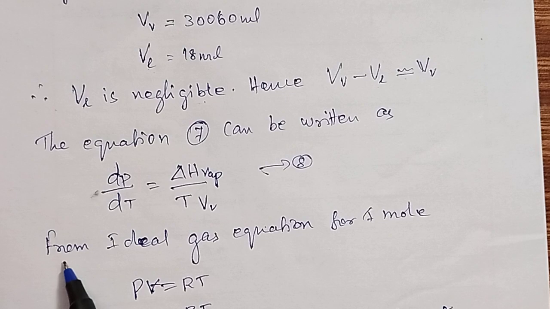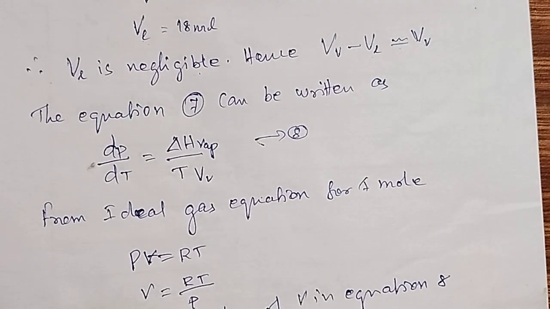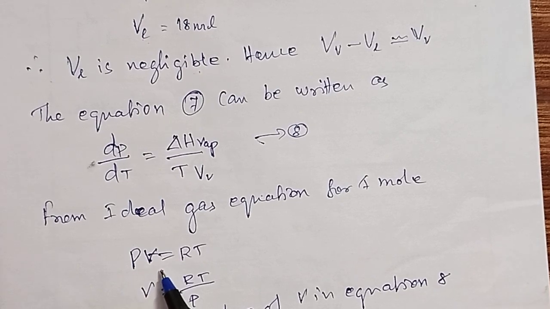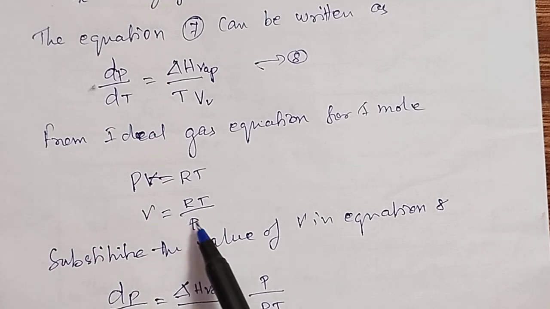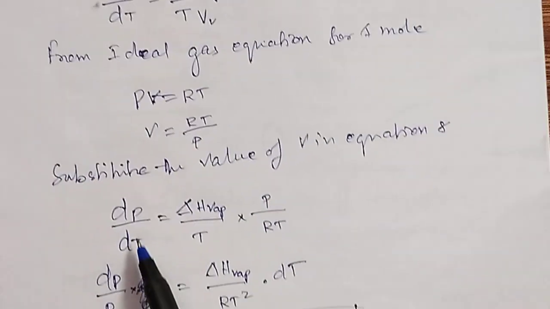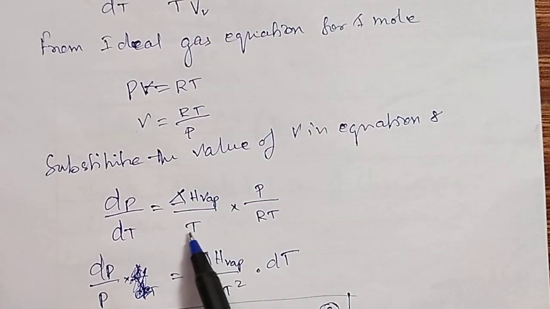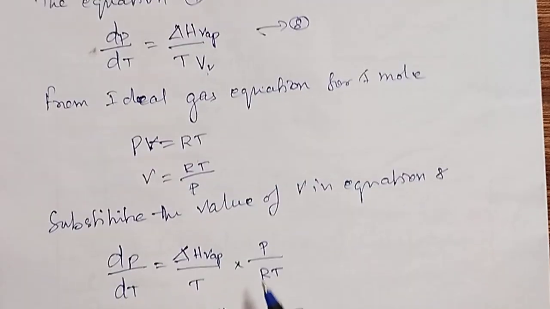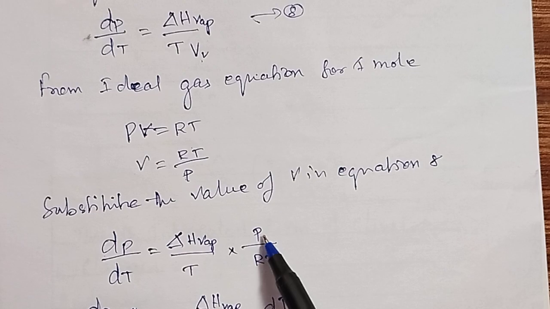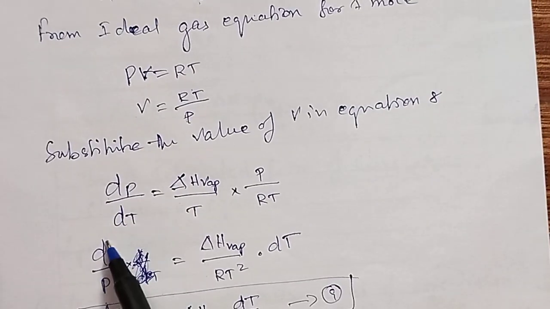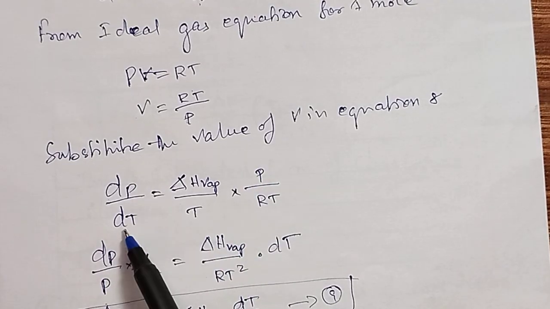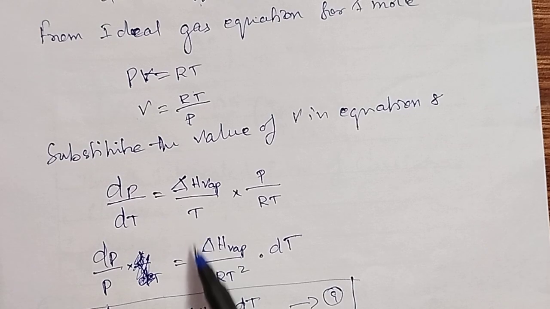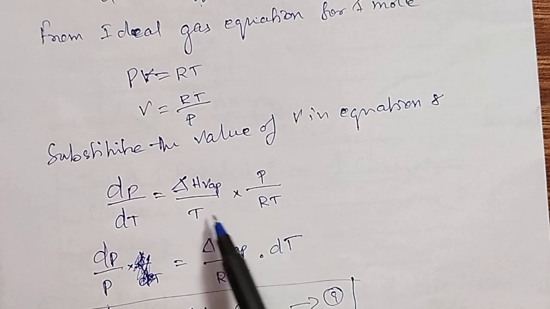We know from the ideal gas equation, PV equals RT, so V equals RT by P. I substitute this value in the equation and I get dP by dT equals delta H vaporization divided by T into RT by P, so P goes to the numerator. Now bringing the P to this side, dP by P equals delta H vaporization divided by T into RT, which becomes RT square.